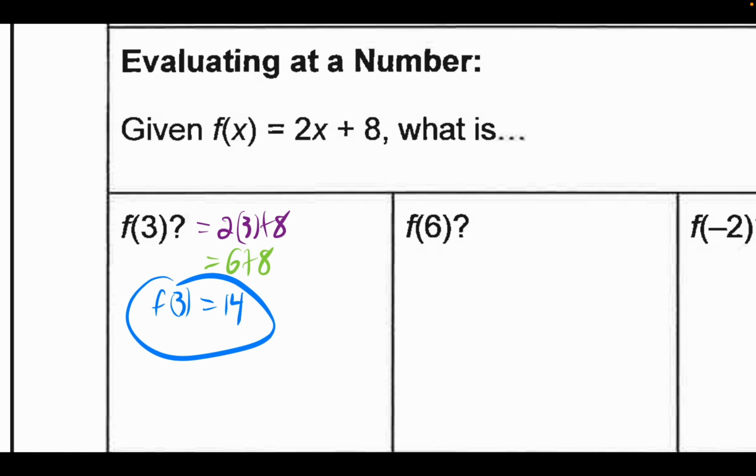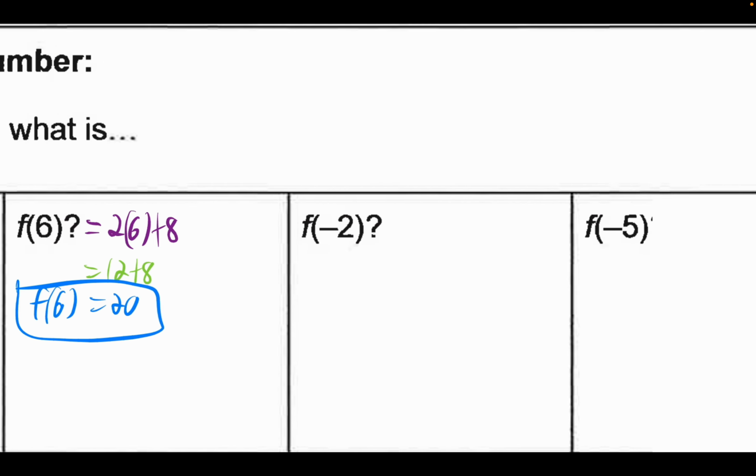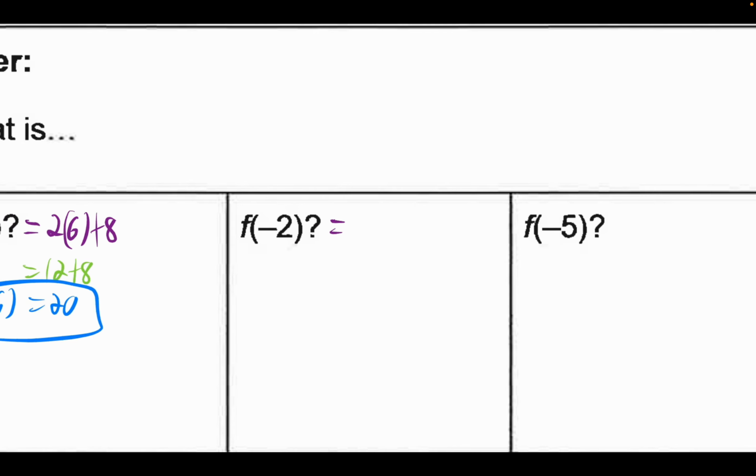Next, we have f of 6, which is 2 times 6 plus 8, which is 12 plus 8, which is 20. So f of 6 is 20. Next, f of negative 2, that's going to be 2 times negative 2 plus 8, which is negative 4 plus 8.